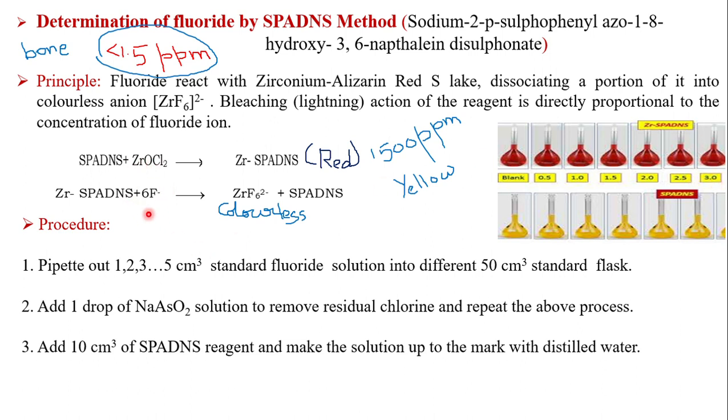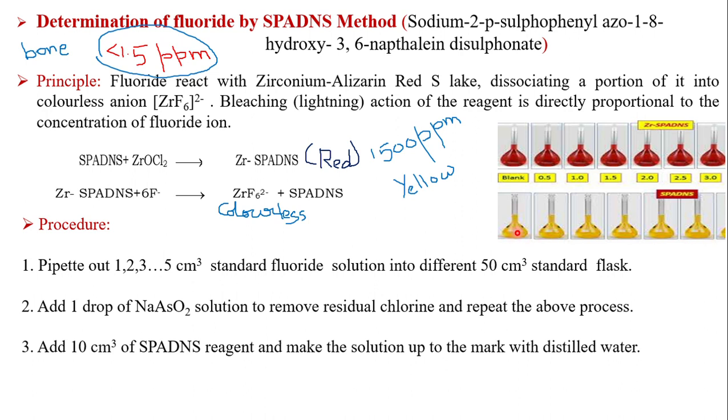Depending on the strength or concentration of the fluoride ion present, the bleaching of the reagent takes place. The red color will start bleaching. Due to this, SPADNS will be released. Depending on the amount of SPADNS released in the solution, it will impart a yellow color.